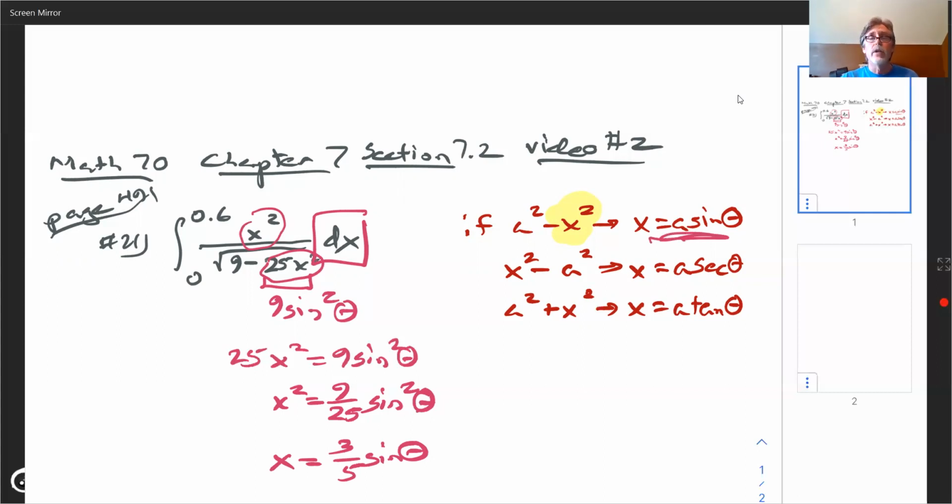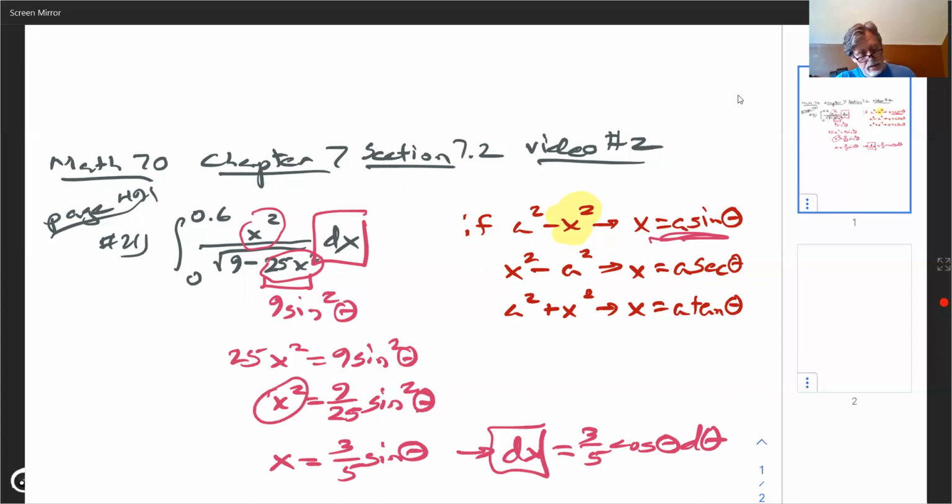It would tell you to use 3/5 sine theta. Great. But we don't have an x, we're looking for dx. And if we differentiate, we get 3/5, derivative of sine is cosine, d theta. So we've got dx, we've got x squared, and we've got 25x squared ready to go in and be substituted into this problem.